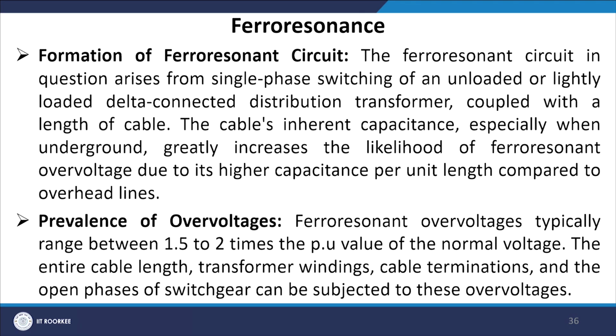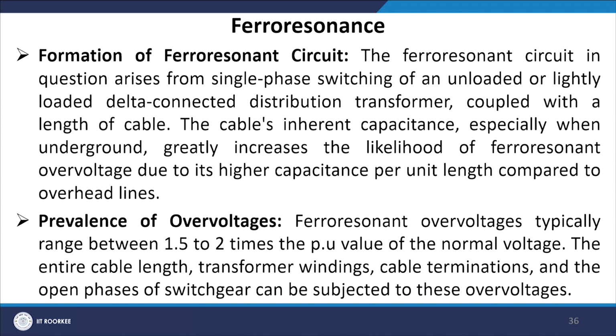Now, how do we form this ferroresonant circuit? The ferroresonant circuit in question arises from single phase switching of an unloaded or lightly loaded delta connected distribution transformer coupled with a length of cable. The cable's inherent capacitance, especially when underground, greatly increases the likelihood of ferroresonance overvoltage due to its higher capacitance per unit length compared to overhead lines.